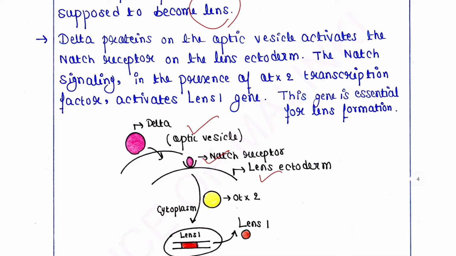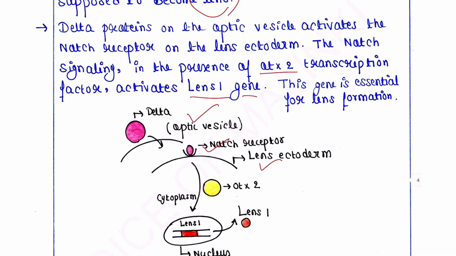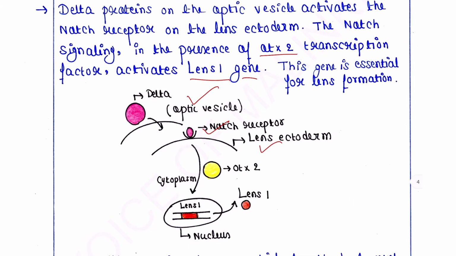The Notch signaling, in the presence of OTX2 transcription factor, activates the lens 1 gene. So after the binding, Notch signaling happens, and in the presence of OTX2, it helps in the transcription of the lens 1 gene, and lens 1 protein will be formed.